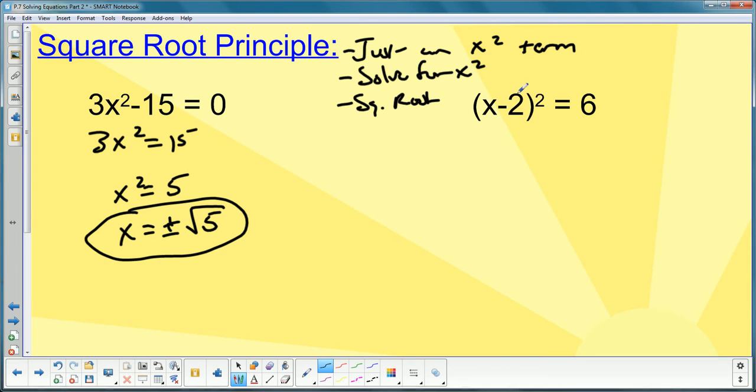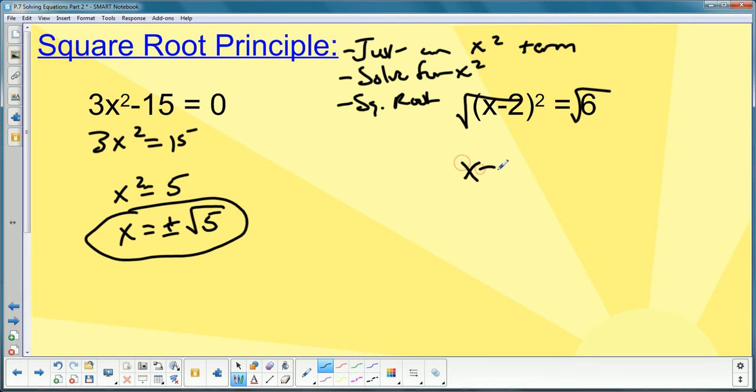Now for one like this, because we have x minus 2 squared, essentially we have just a squared term. We can isolate something with just a square and have no x's on the other side. That may even be a better way to think about it: we can solve such that we have no x's on one side and just a squared term. So right off the bat here, I'm just going to square root both sides.